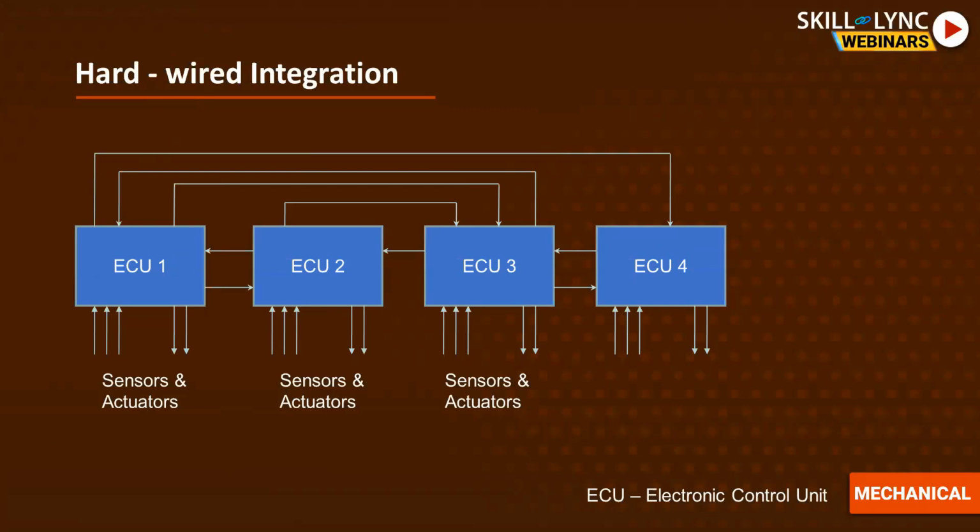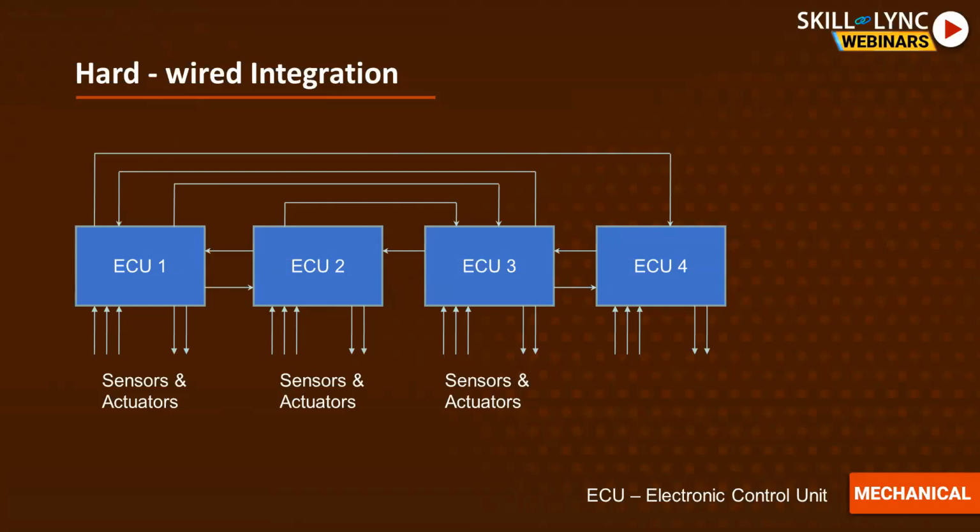Now which information is more important? Of course, the information which is very important here will be the speedometer information. Now if there is no priority of the messages, that is, which message should go first and which should not, what can happen? Suppose ECU1 is transferring the speed message to ECU2. Let's say ECU3 is transferring the music message to play a song to ECU4.